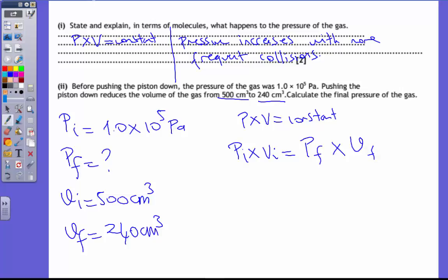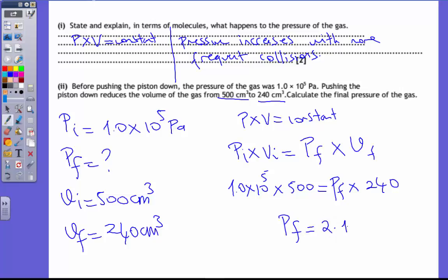If you put the values into the formula, we don't need to convert the units because they have the same units and they cancel each other. So the final pressure is equal to 2.1 times 10 to the power 5 Pascal.